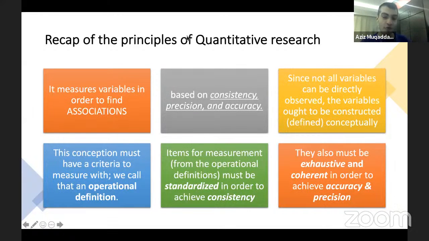So therefore, what takes place in social science and communication research, more particularly, is that we come up with a definition for a construct, by which it becomes a defined concept. Right?